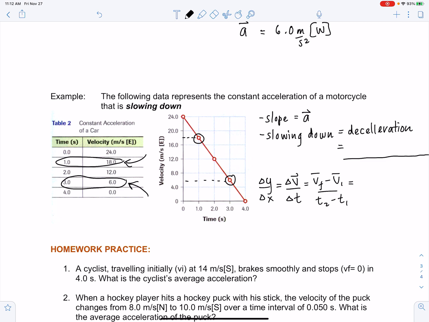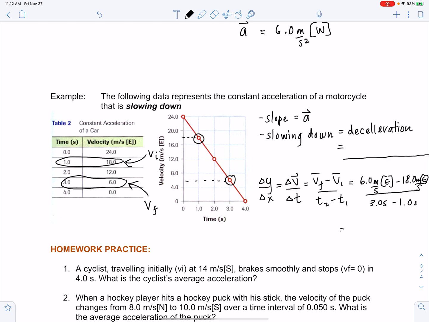Let's sub it in. Remember not to mix these up. This is our v final, this is our v initial. So we have 6 meters per second east minus 18 meters per second east divided by 3 seconds minus 1 second. Punch it into our calculator, 6 minus 18.